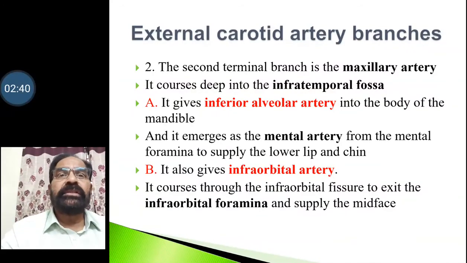It also gives one more artery that is called as infraorbital artery. While it courses through infraorbital fissure, that artery will exit infraorbital foramina, and the infraorbital artery will supply part of midface.